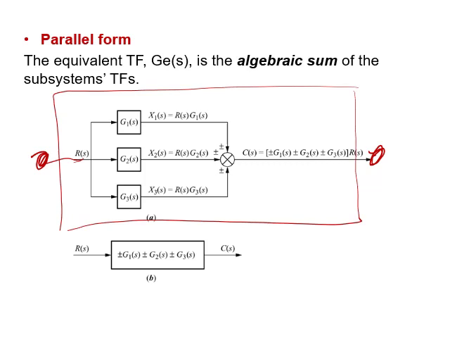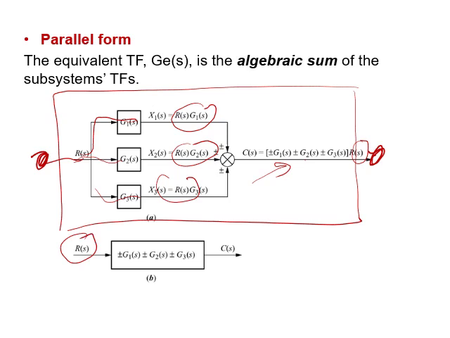This signal is G1, where here I'm going to get R(s) into G1. R(s) into G1 will be found here. Here R(s) into G2. Here R(s) into G3. So what will I find on the output? G1 plus G2 plus G3 into R(s). So we can put it like this.